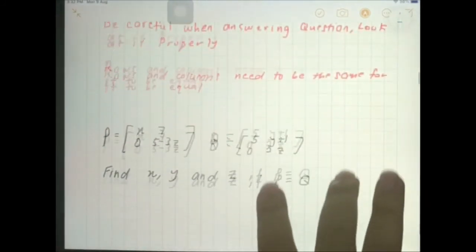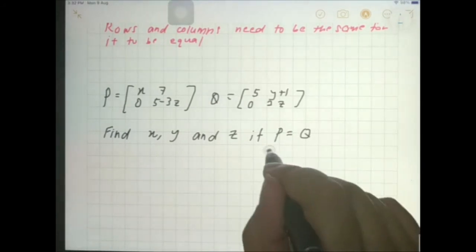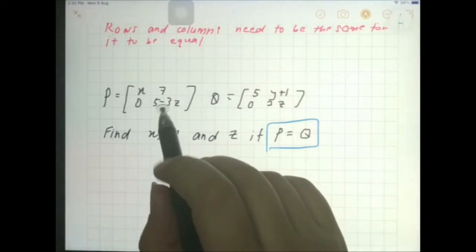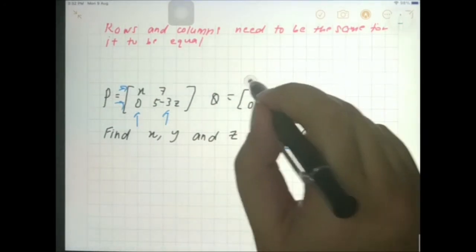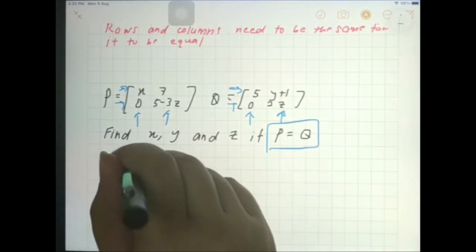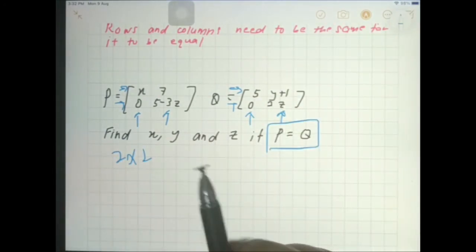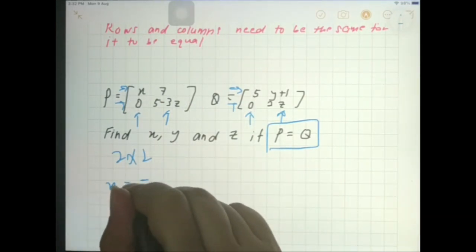Okay. Because from there, let's say we have a question like this. Matrix P and matrix Q. Find X, Y, and Z if P equals Q. Look at here. This has 2 rows and 2 columns. This one also has 2 rows and 2 columns. So both are 2 by 2. So find X, Y, and Z. For X, the corresponding element is 5. So X equals 5.